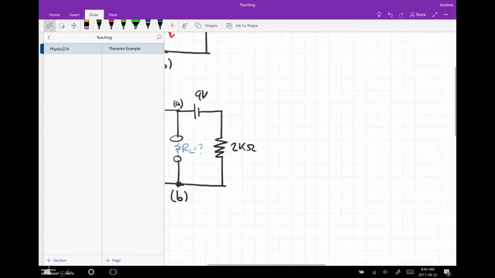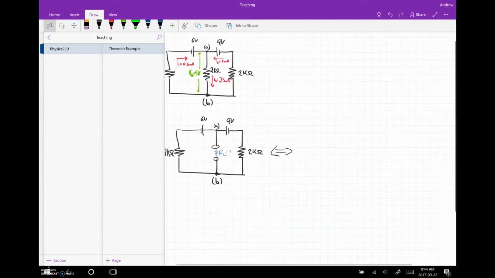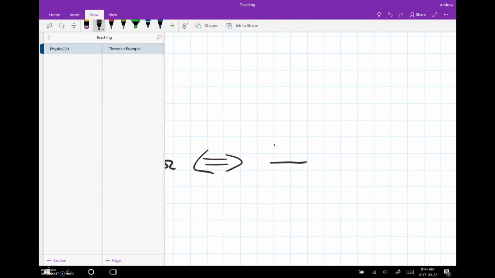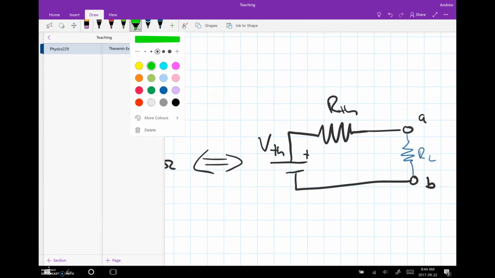This is always going to be equal to some battery, some ideal voltage source, V Thevenin, with a resistor in series of a given value which we calculate, R Thevenin. And here's our output nodes, A and B. And we can attach any load resistor to that and get the desired effect.